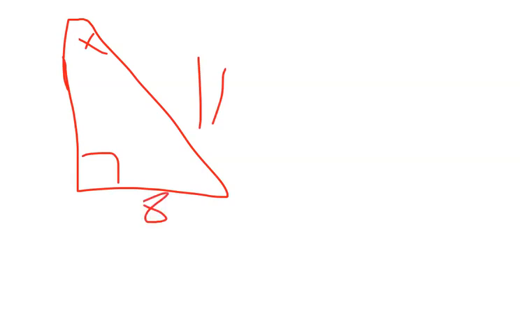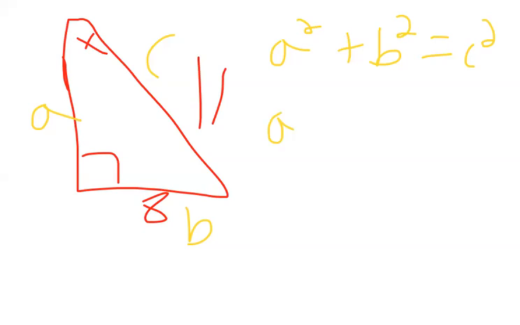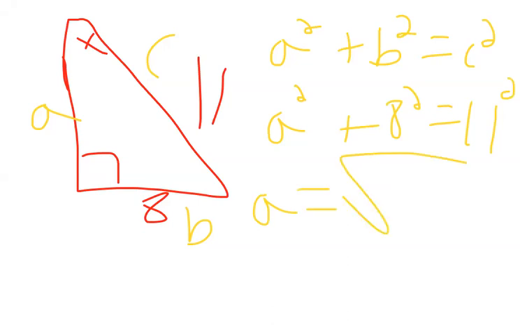Pythagorean theorem says a squared plus b squared equals c squared. So this is a, this is b, this is c. All I know is that a and b are switchable, but c is not because that's the hypotenuse. So we go from a squared plus 8 squared equals 11 squared. So a is going to be the square root of 11 squared minus 8 squared.